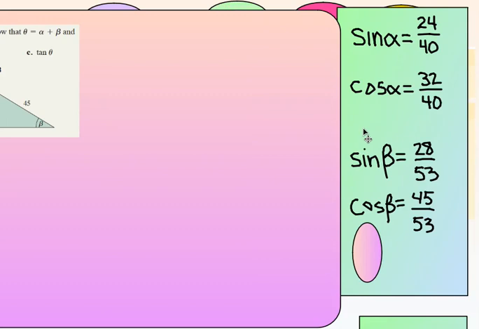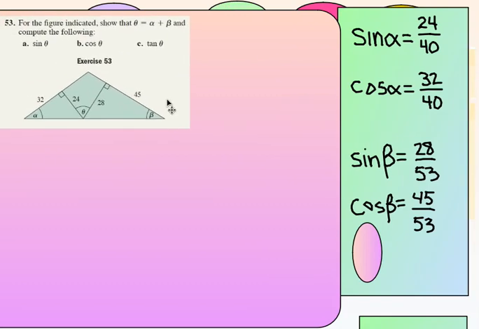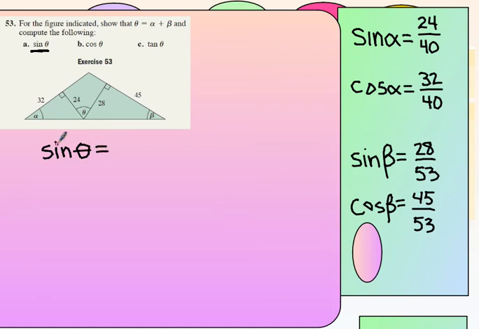All right, so I've got this piece. I still have my picture here to help us out, a little bit smaller. But all I need to do to find the sine of theta now is use our equation. So the sine of theta is the same as the sine of alpha plus beta, which we already identified.